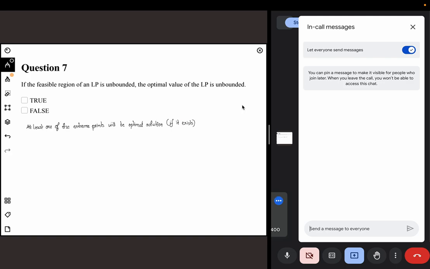So if a solution exists, then at least one of the extreme points of that particular feasible region will be my optimal solution. That is what we said before.